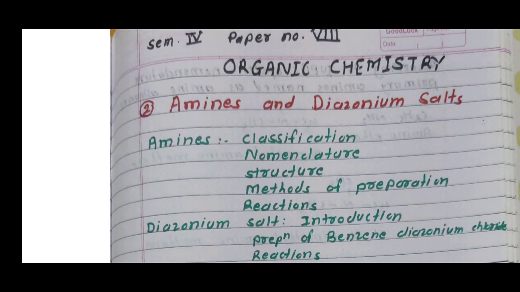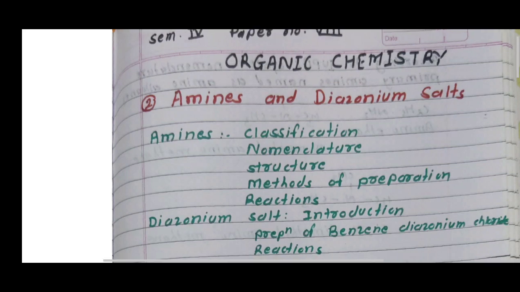There are 4 methods of preparation, and reactions of amines. Then in the second part, diazonium salt: first what is meant by diazonium salt, then preparation of benzene diazonium chloride and some reactions of benzene diazonium chloride. First we start with amines.